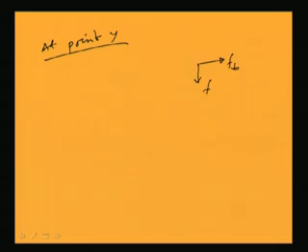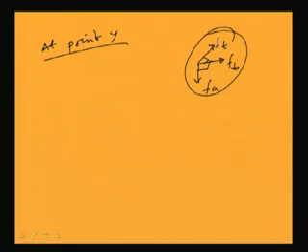Now, at y what will it be? At y the stresses act perpendicular to each other. This is Fb, this is Fa, and this is Ft. So, these are all perpendicular to each other, in the 3-dimensional figure I am showing here.